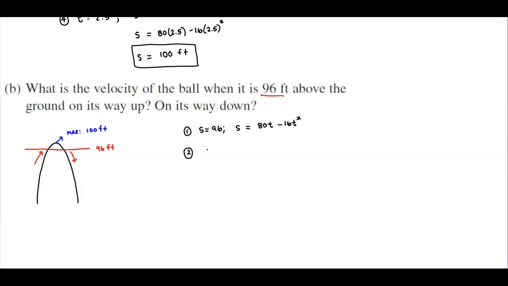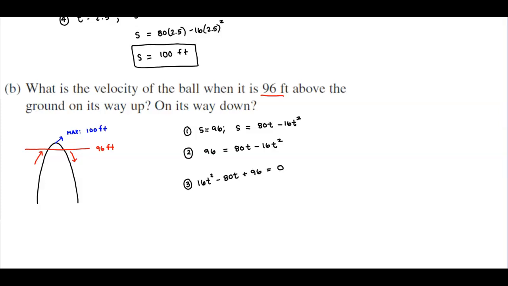So we have 96 equals 80t minus 16t squared. And now we're going to set this equal to 0. So we're going to bring everything to the left side of the equation. So we have positive 16t squared minus 80t plus 96, and we're going to set that equal to 0.